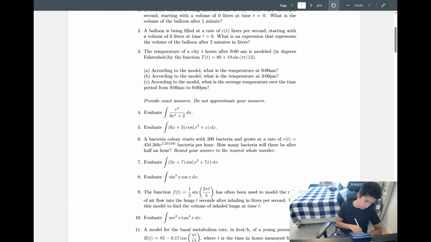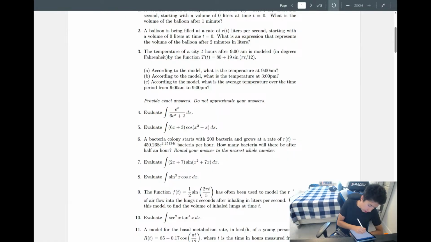Anyways, in degrees Fahrenheit equals that. According to the model, what is the temperature at 9 a.m.? So this is going to be big T of 0.